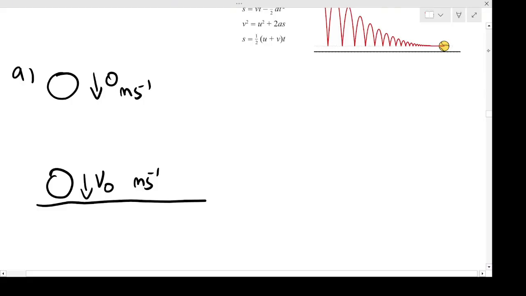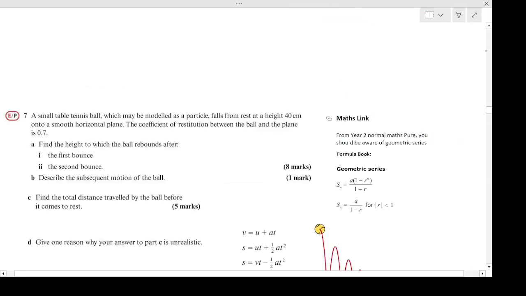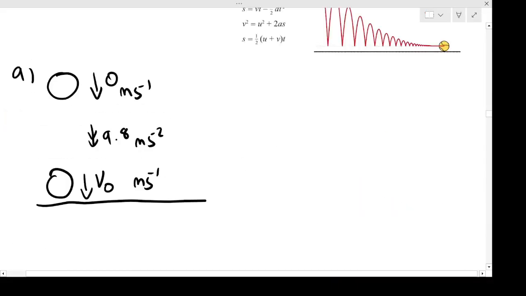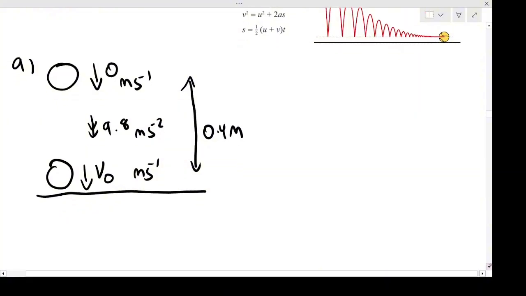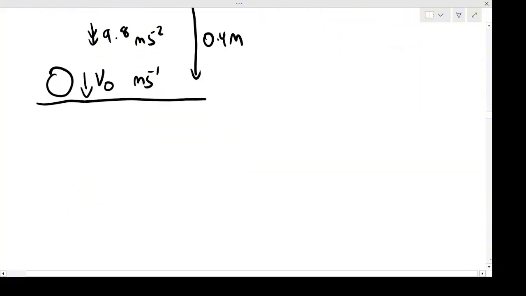Now, obviously the acceleration downwards is 9.8. I also know that the height it falls down here is 40 centimetres, or 0.4 metres. Okay, so there we are. So now, if we apply SUVAT, we can work out this final speed v0.